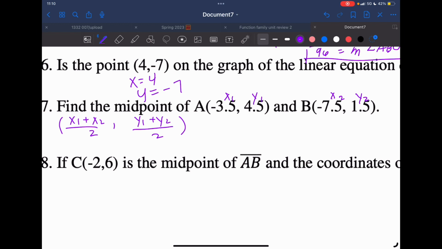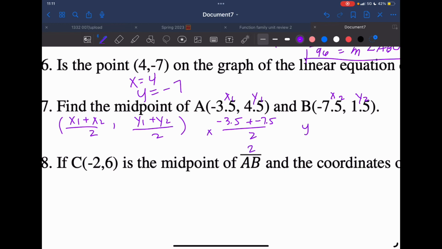So then we're going to say negative 3.5 plus negative 7.5 divided by 2. It's going to give me negative 5. So this is the x.